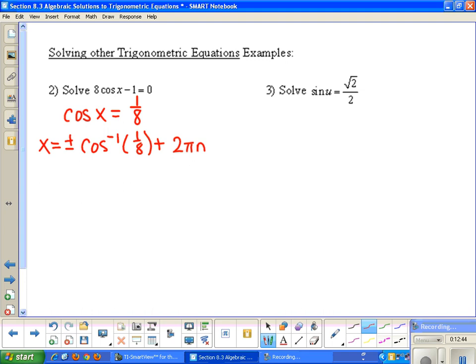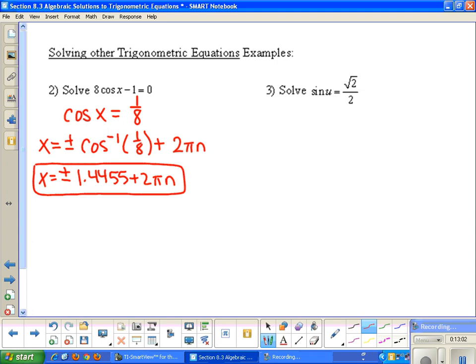So in this case, x on my calculator is going to be equal to plus or minus, because that's going to be my two solutions, 1.4455 plus 2 pi n. And I suggest that you also plug these into your calculator as we're doing these so that you can check to make sure you're getting the same answers that we are getting. So these would be my two solutions, and of course I could check that using my graphing calculator.